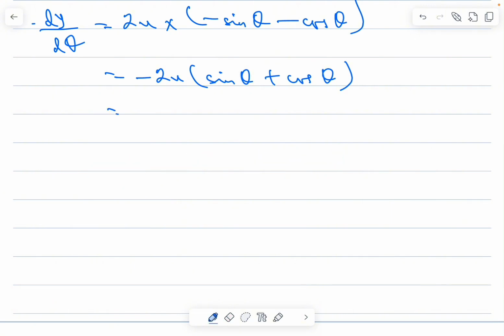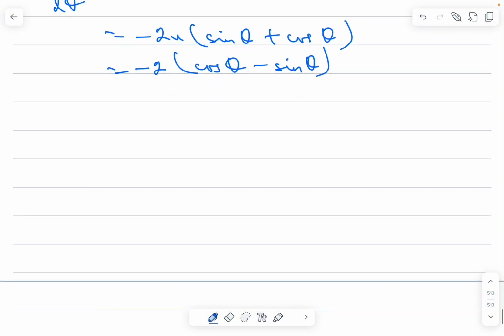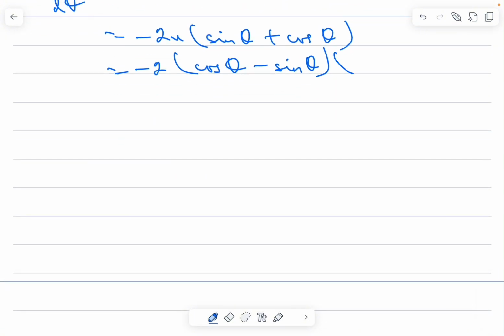And we know what u is, so that's minus 2 into bracket cos theta minus sine theta, into bracket sine theta plus cos theta, which is the same as cos theta plus sine theta.